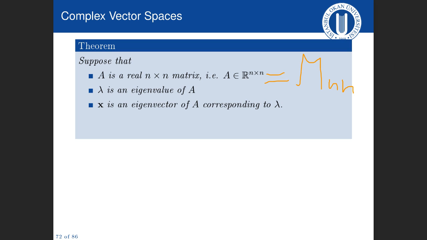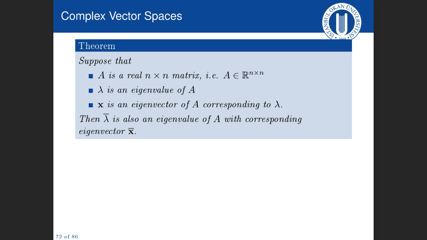Suppose that lambda is an eigenvalue of A, and let's suppose that x is an eigenvector of A corresponding to lambda. The theorem says then the complex conjugate of lambda is also an eigenvalue of A with corresponding eigenvector the complex conjugate of x. And I want to prove this.